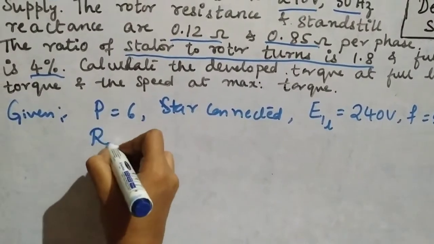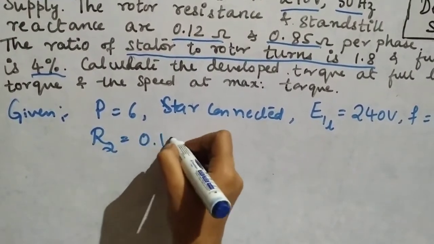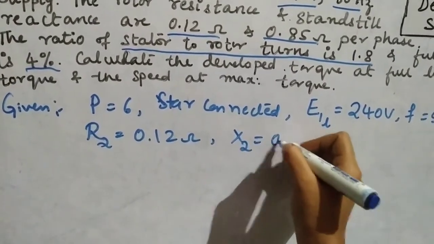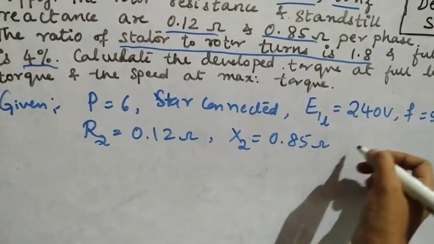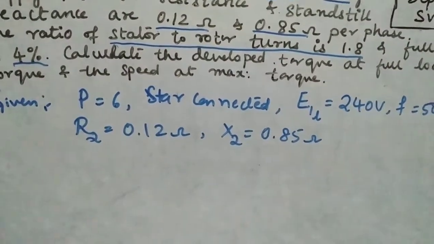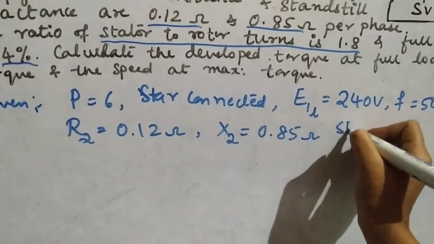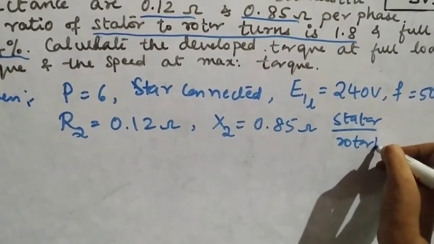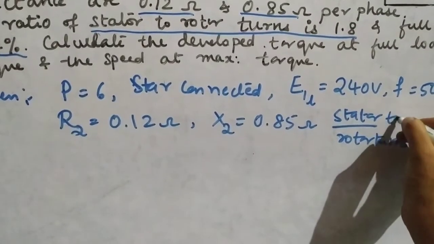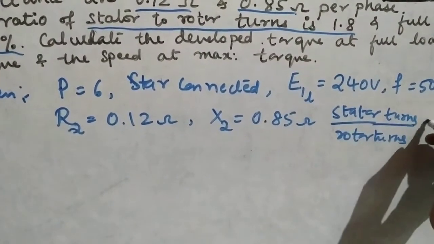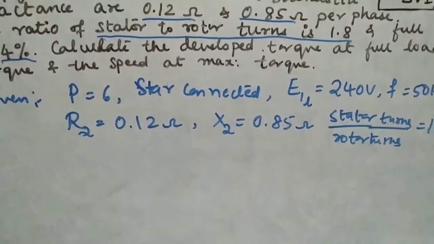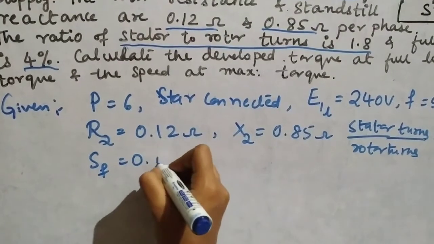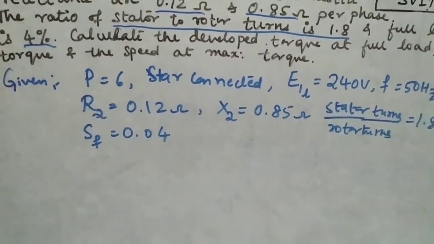Rotor resistance is 0.12 and standstill reactance is X2, 0.85 ohm. They have given the ratio of stator to rotor turns, stator turns to rotor turns, which is equal to 1.8. And they have given the full load slip SF value as 4%, so it is 0.04.